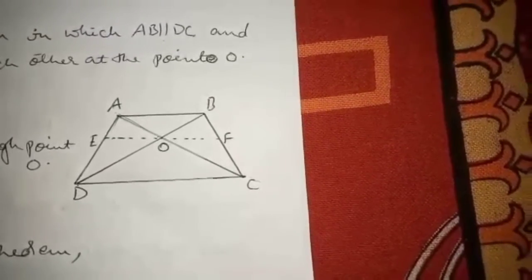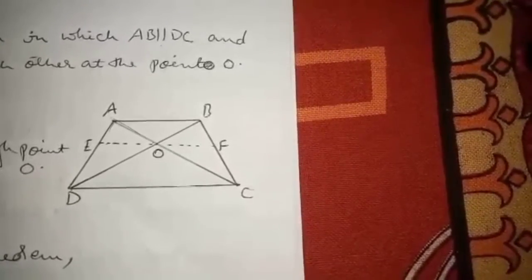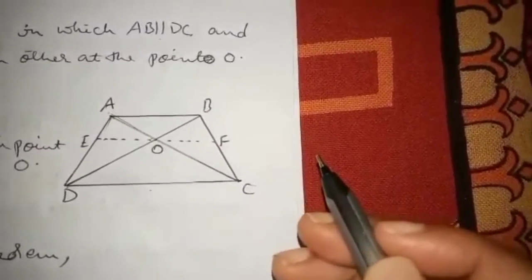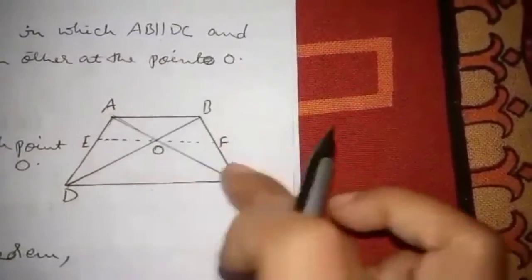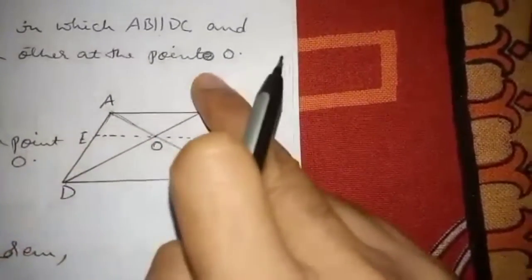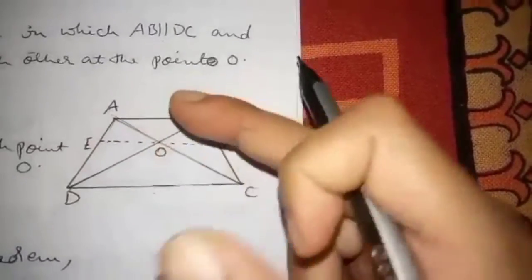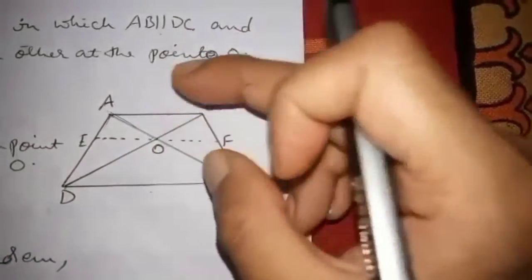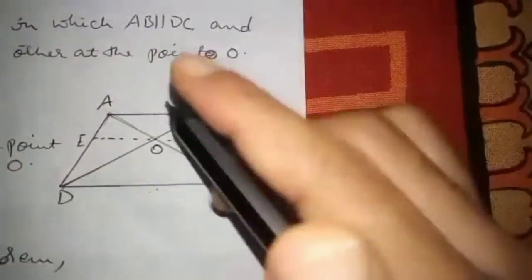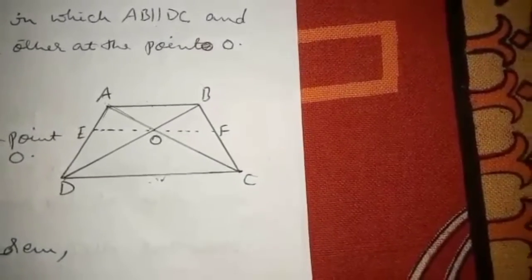To become a trapezium, what is the condition? One pair of opposite sides is parallel, right? So these two sides are parallel; you have to prove that. First take one triangle, and this will be parallel. Then take the upper triangle, and this and this will be parallel. From 1 and 2 you have to prove that this and this are also parallel. If you prove AB and CD are parallel, then we can say it is a trapezium.